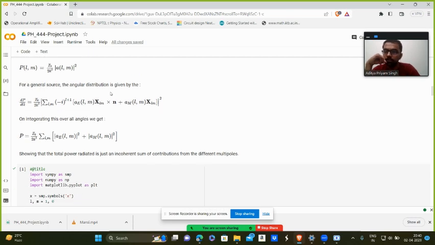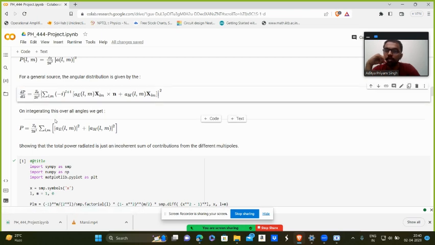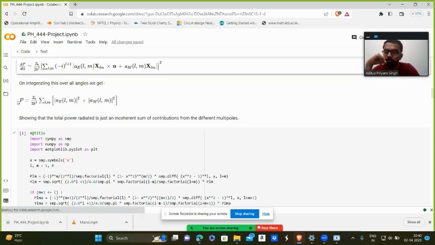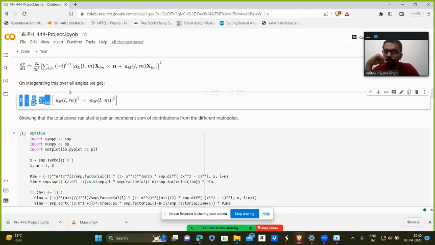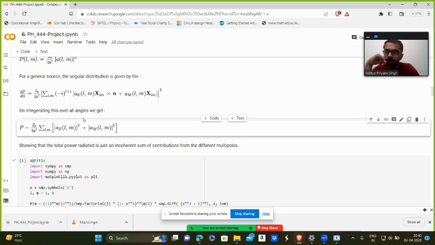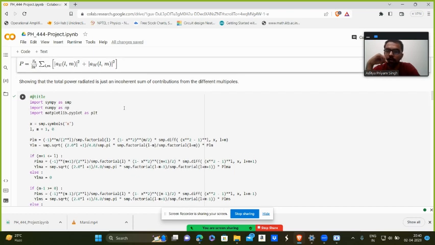For a general source, the angular distribution is given by this equation, which on integrating over all angles is reduced to this form, where it depends on both A_E and A_M coefficients. This shows that the power radiated is just an incoherent sum of contributions from the different multipoles.